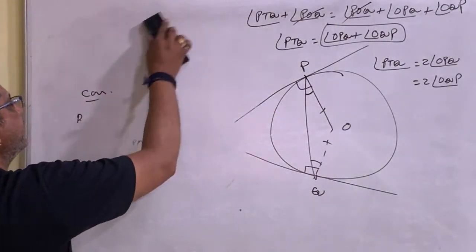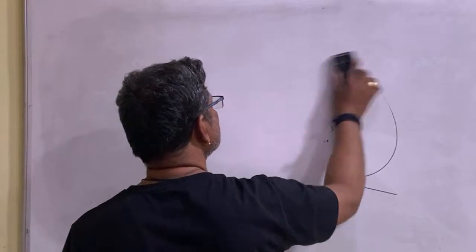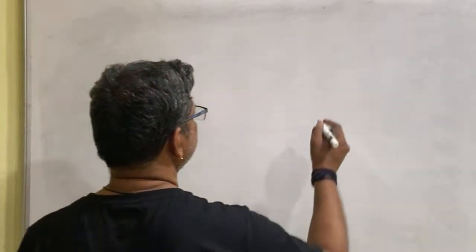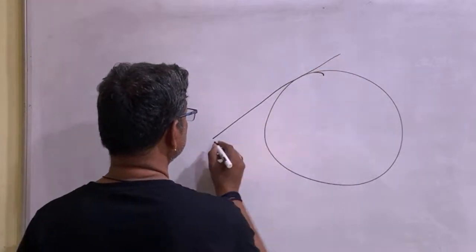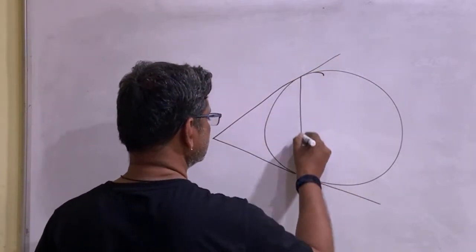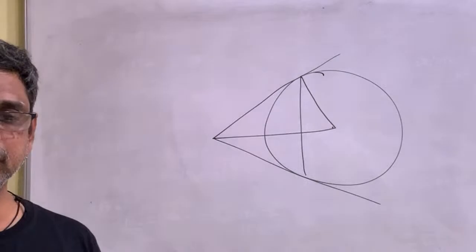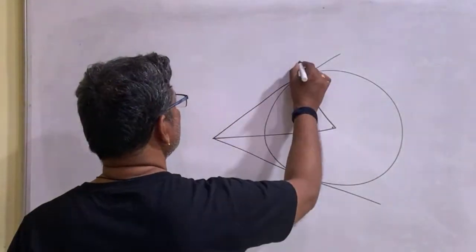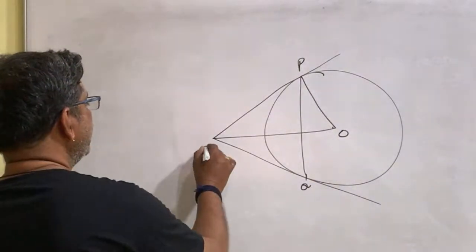Next question. PQ is a chord of a circle with center O, and point T lies outside the circle.